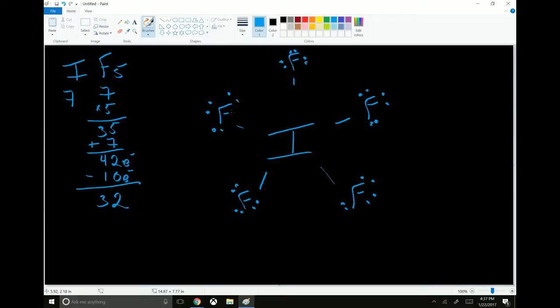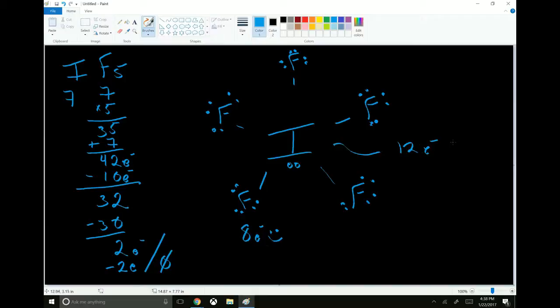That uses 30 of our electrons, so we have 2 electrons left, and those will go on iodine as a non-bonding pair. And that's it. We are done, because each fluorine now has 8 electrons and is happy, and our iodine has 12 electrons, an expanded octet, and it is likewise happy.